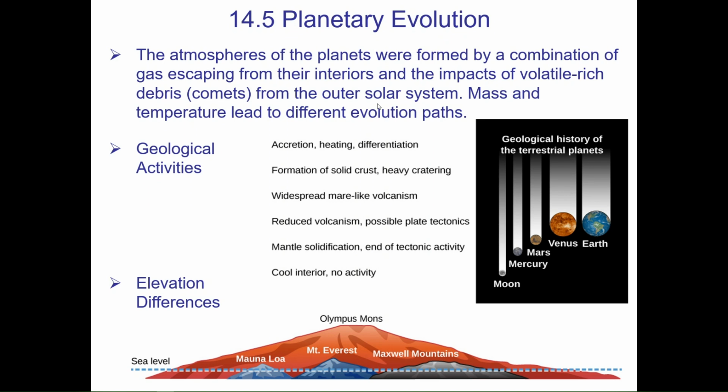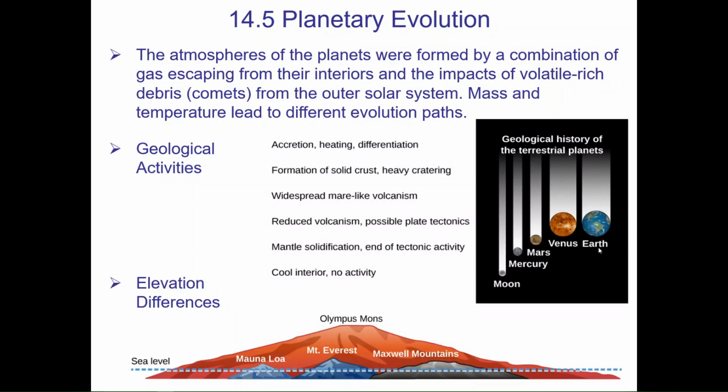As we already talked about, mass and temperature will lead to different evolution paths. Mercury is closer to the sun, and because of its small size and high temperature, all the gas can escape from Mercury. It's just too hot, and Mercury does not have strong gravity to keep the gas around.